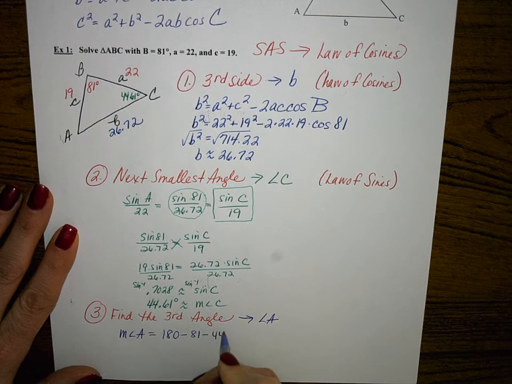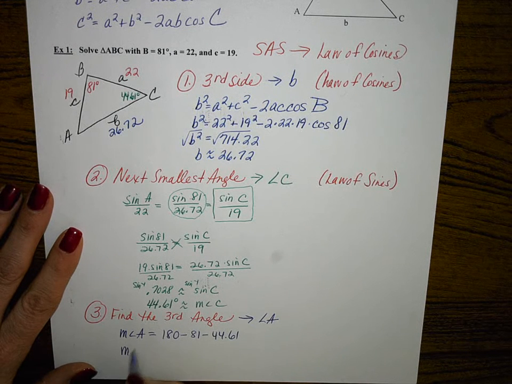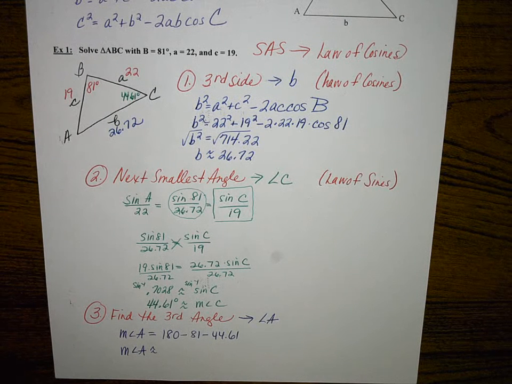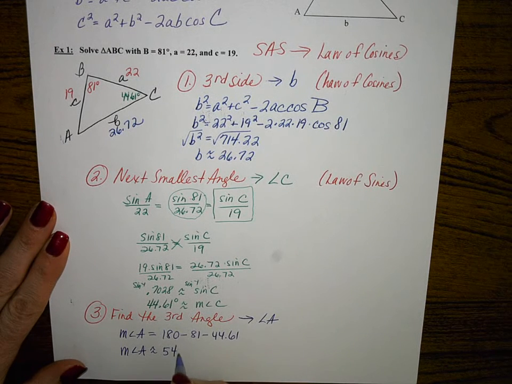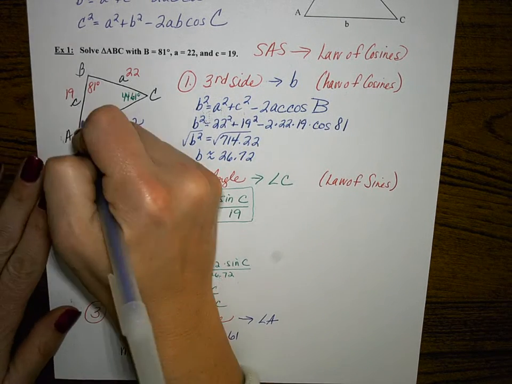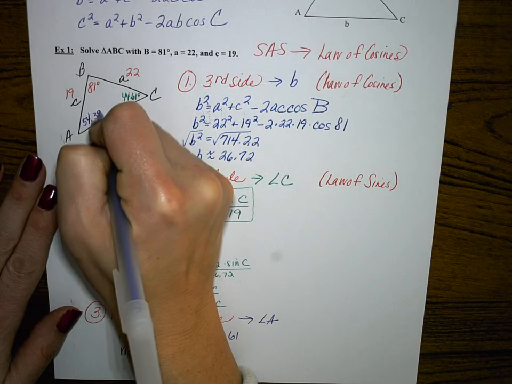Beautiful. 180, subtract the two angles I already know, which are 81 and 44.61. So measure of angle A is approximately equal to how much? Somebody have that? What do we get for angle A? 54.39 degrees. So angle A is 54.39 degrees.